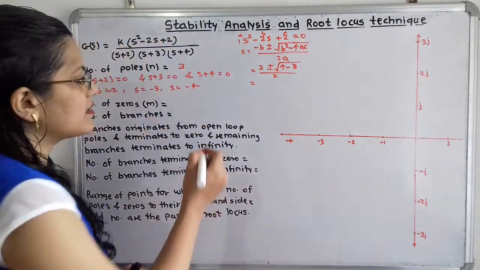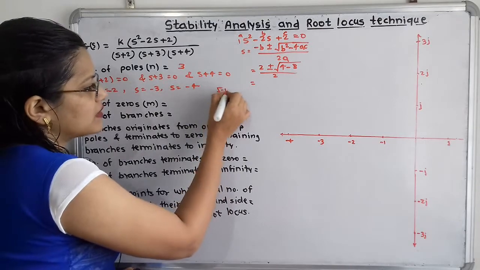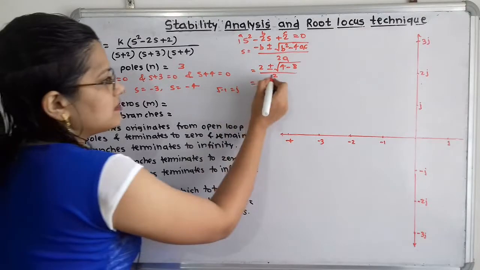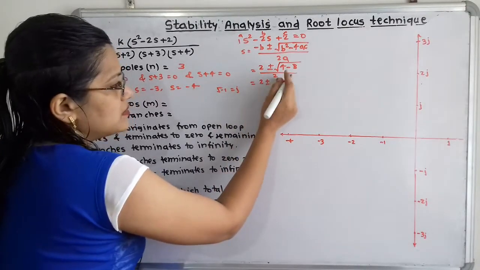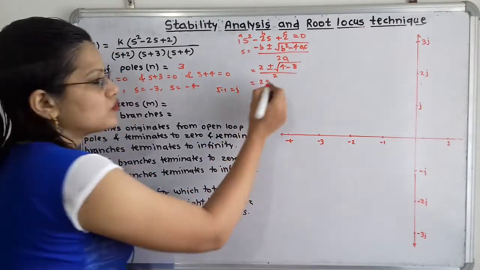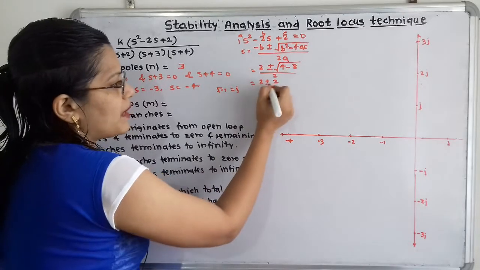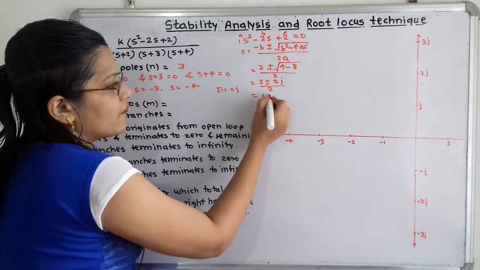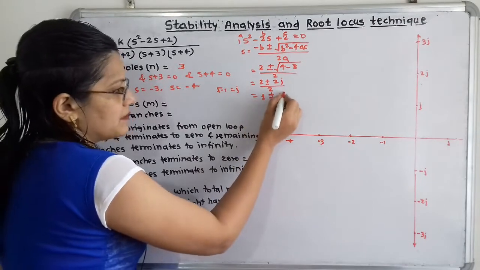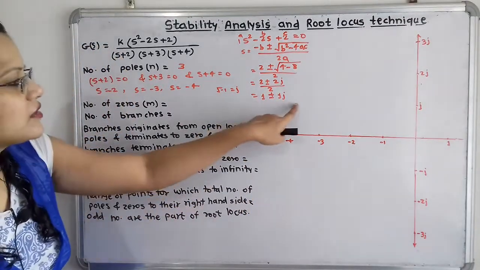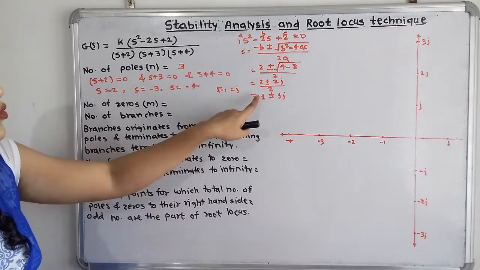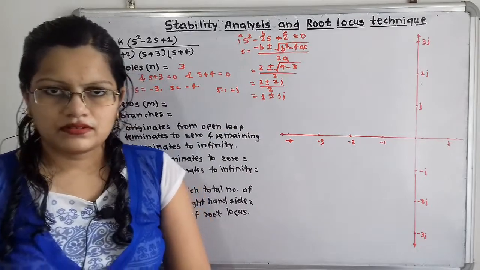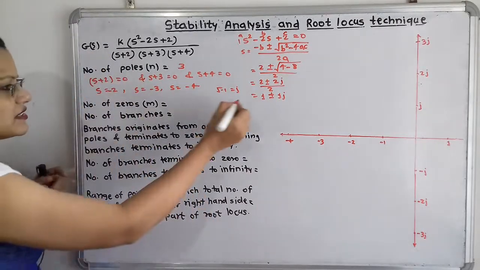Now we will take the term under root of minus 1 as j. So that is 2 plus minus under root of 4, that is 2, and for the under root of minus 1, that is j, divided by 2. If I simplify this again, 1 plus minus 1j. So this is the root. There are two roots, that is 1 plus j and 1 minus j. These are the two roots.